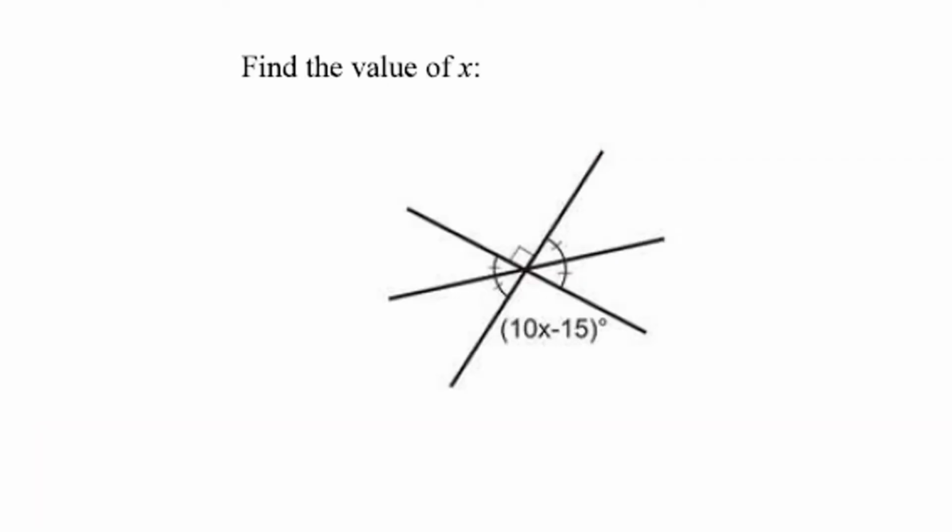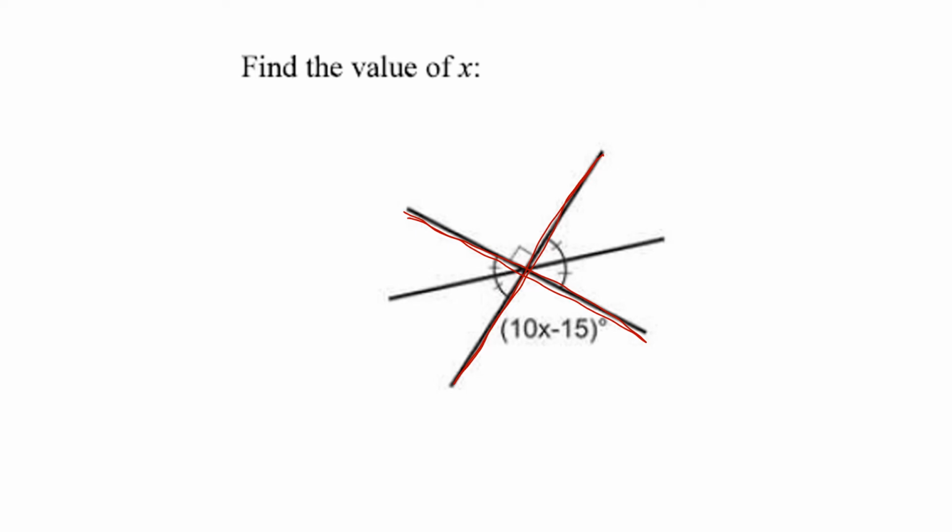Okay, example 3, find the value of x. So we need to know something about vertical angles in this. Notice how these two lines are intersecting, this one that I'm highlighting in red and this one. Remember when I was laying on the ground making an X, I talked about vertical angles.